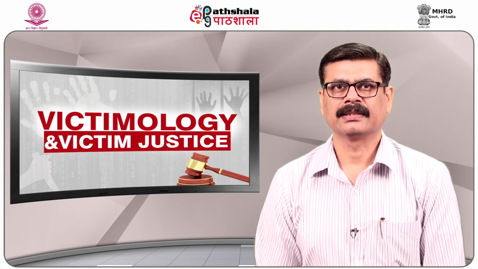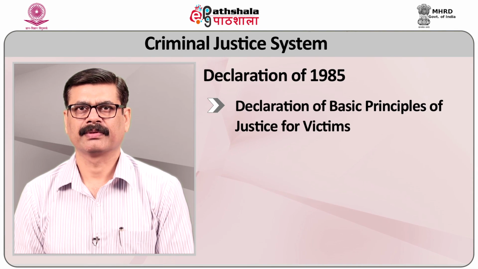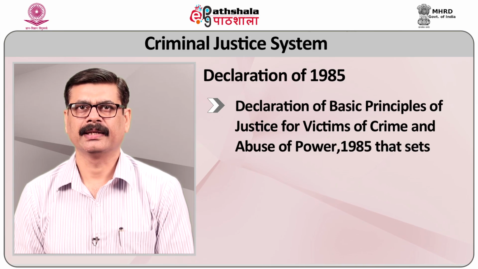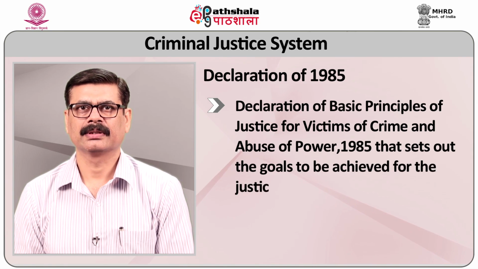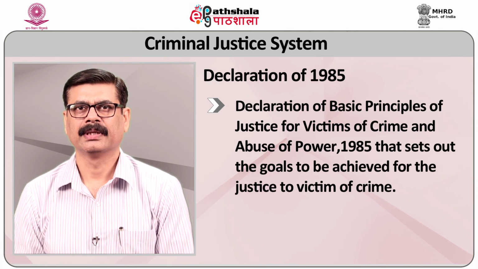These initiatives resulted in the Declaration of Basic Principles of Justice for Victims of Crime and Abuse of Power 1985, that sets out the goals to be achieved for the justice of victims of crime.